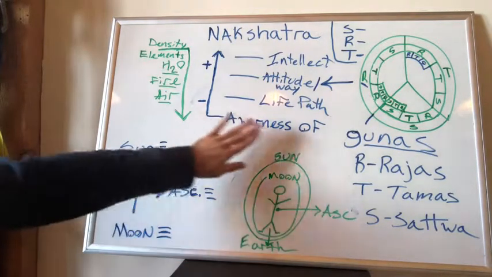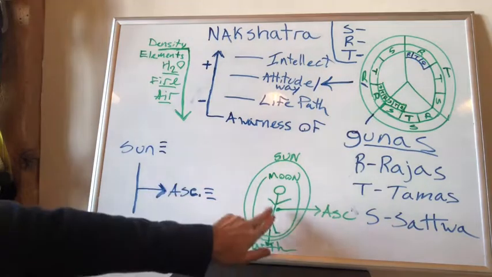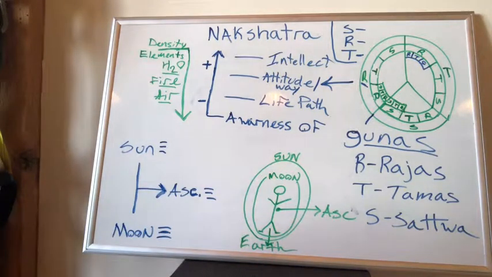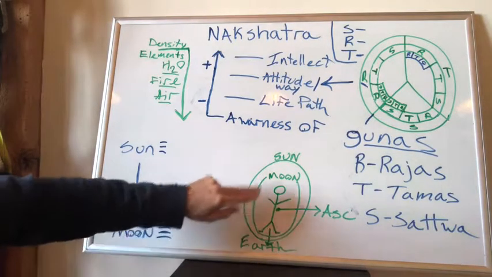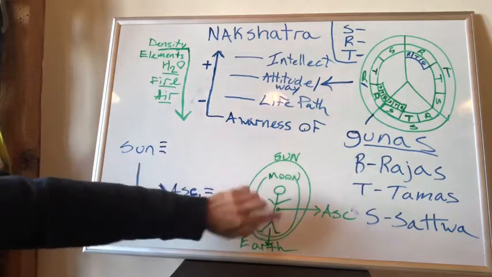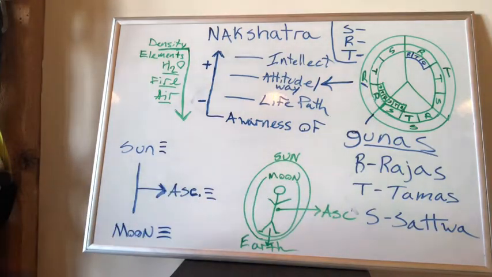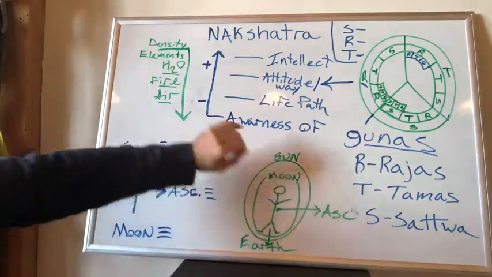Now, how else you can kind of look at this is that you've got this person here, and your physical body is representative of the earth, as our feet and everything are connected to the actual physical earth itself. So obviously that is the greatest level of density. Then we've got the moon. Again, it's your mental emotional field. So it's kind of around you, so to speak.